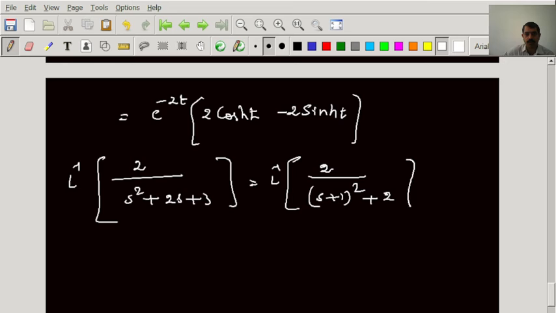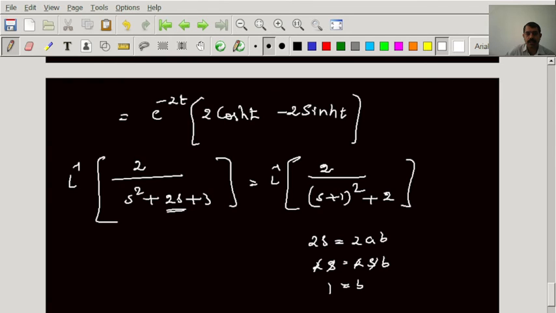So how do we get this? Here 2s is nothing but 2 into a into b, so I am comparing with this. a is s, b we write as it is. So 2s gets cancelled, b is 1.